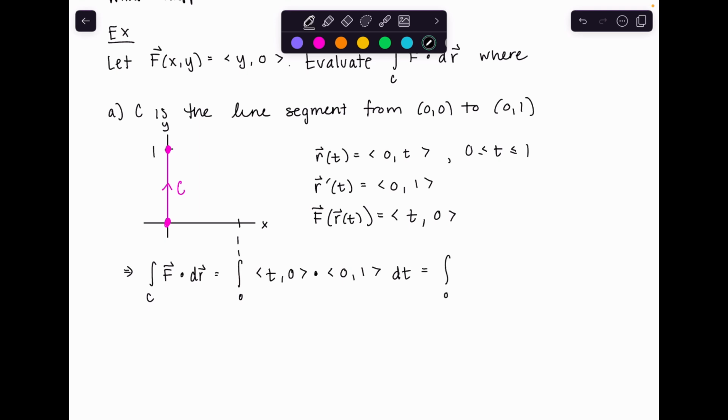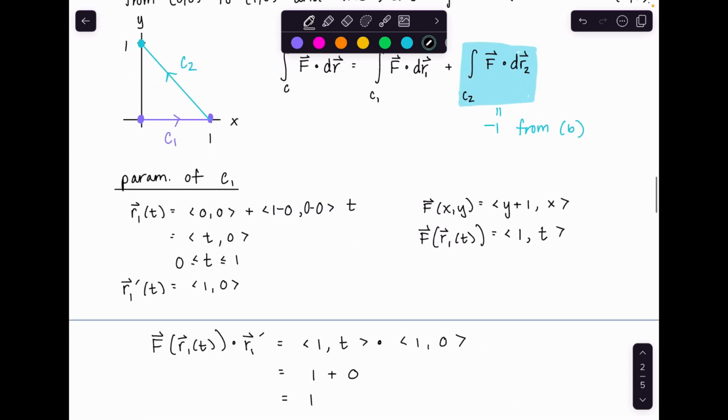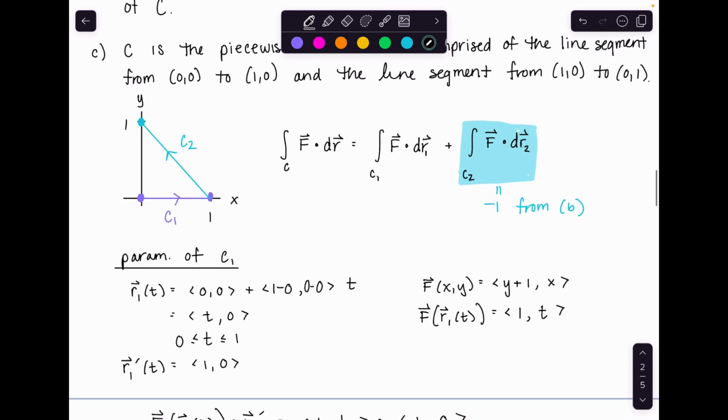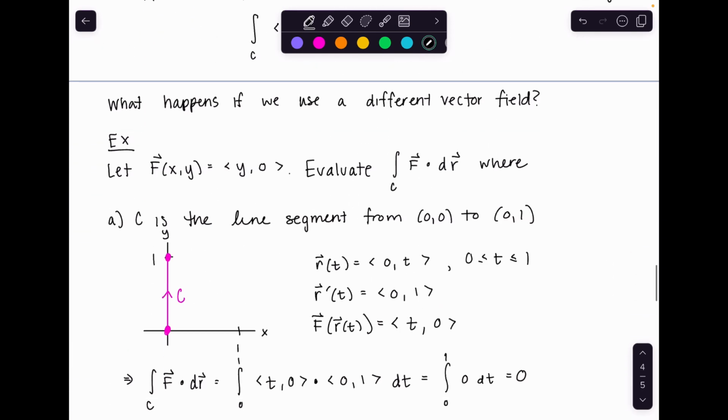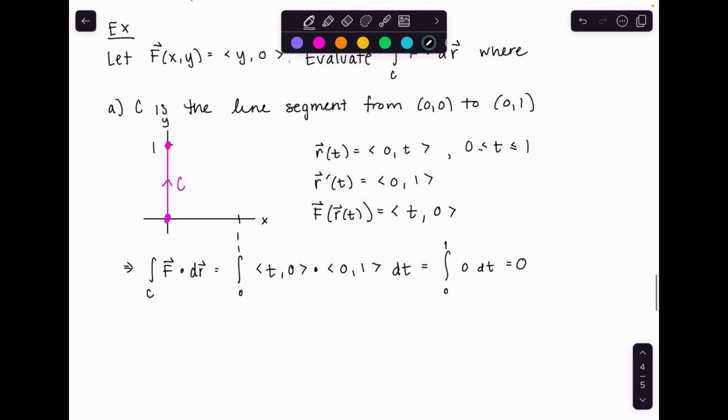This gives us the integral from 0 to 1 of 0, which leads us to exactly the same answer. But now let's go to the same path we had back up here, the piecewise segment, and see, do I get 0 in this case as well?